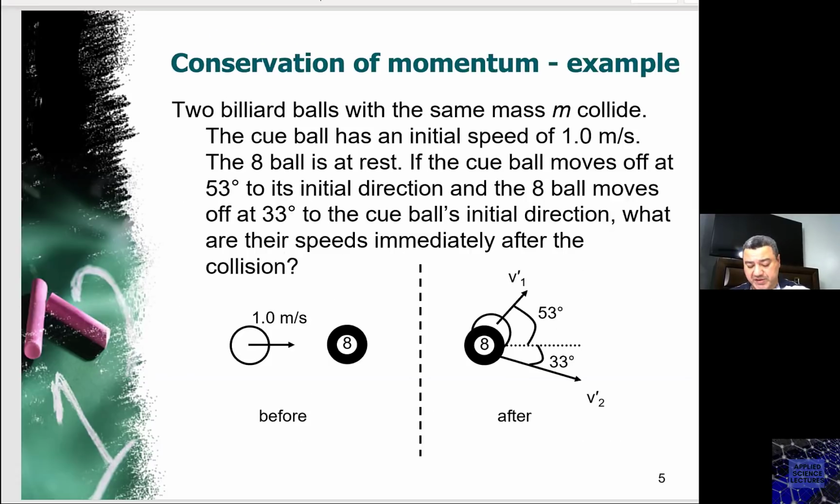So let's look at this example. In this example, we have, as you can see here, a billiard game. Two balls from the billiard game colliding with the same mass.